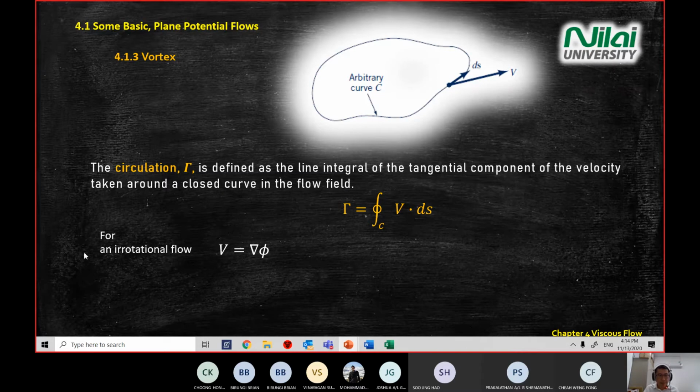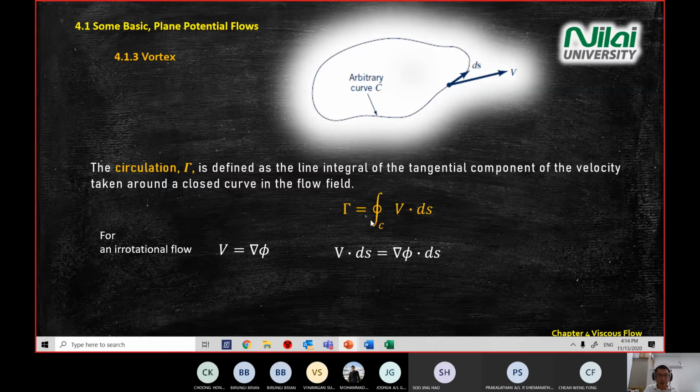So the mathematical model for irrotational flow or uniform flow: we have V equal to del, the inverted triangle, times the velocity potential.